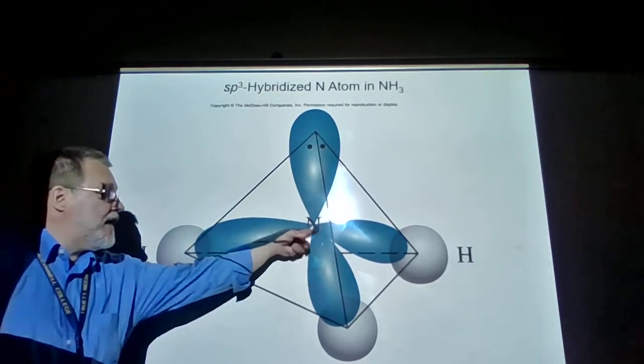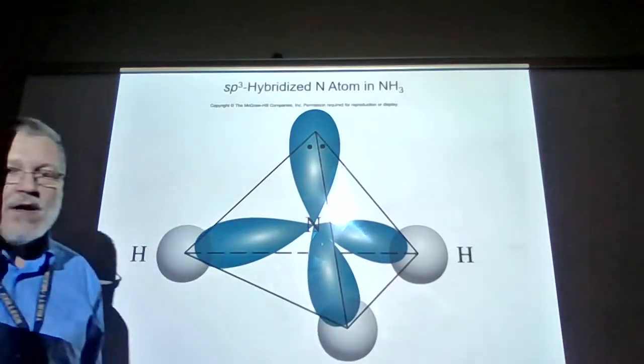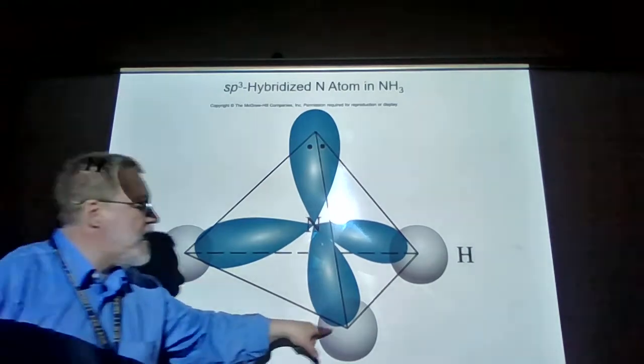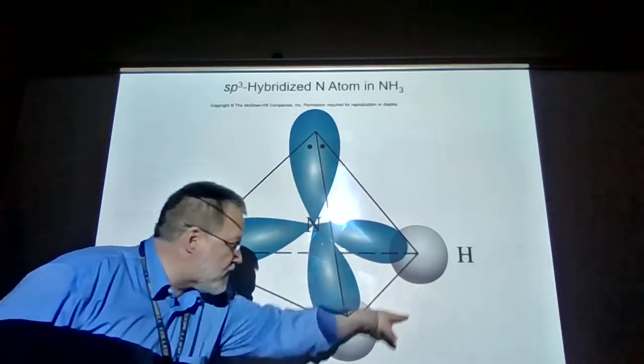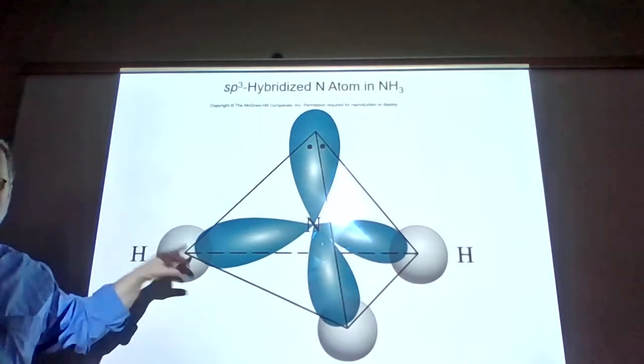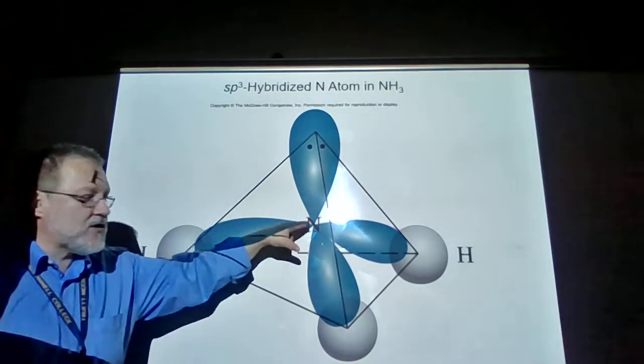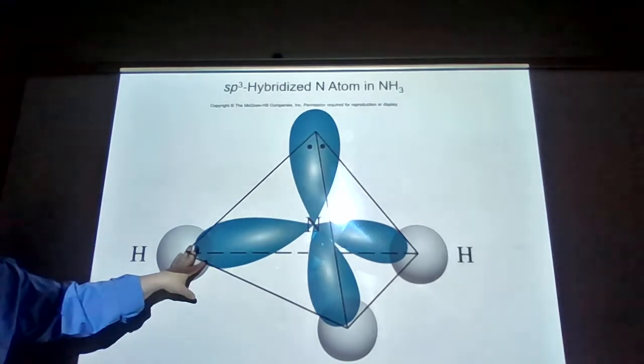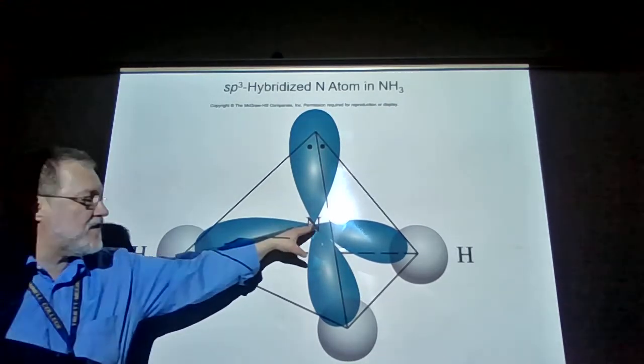Remember that the molecular shape of ammonia is trigonal pyramidal. All 3 hydrogens are in one plane, but the nitrogen sits above the plane that contains the hydrogens.